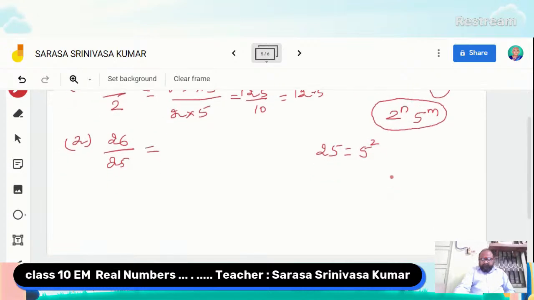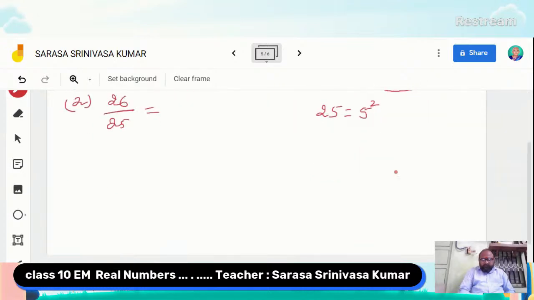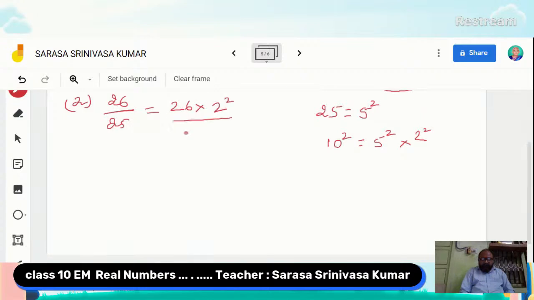So if we multiply, we want to get the form 10 square. So 5 square must be multiplied by 2 square. So 26 multiplied by 2 square divided by 5 square multiplied by 2 square.